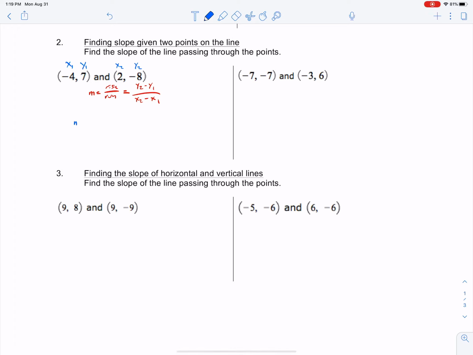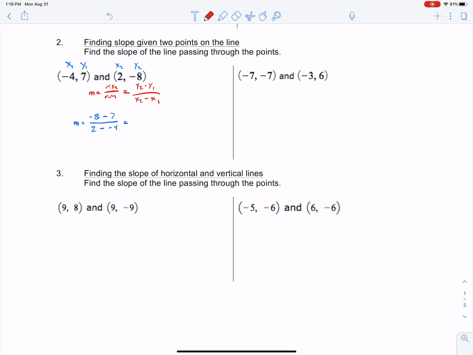So we have m equals, my y2 is negative 8 minus, what's my y1, 7, over my x2, which is 2, minus negative 4, equals. Some tricks here to solve this.